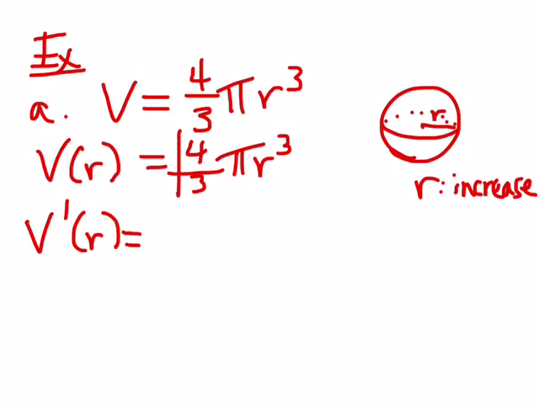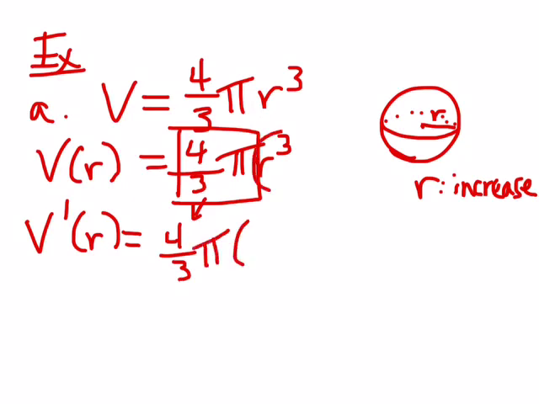And so notice that these are all coefficients. They're all numbers, 4/3 and pi. So I don't have to do product rule here. The constant multiple rule says, okay, I just take those out front. Then I do the power rule with r cubed. So the derivative of that is 3r squared.